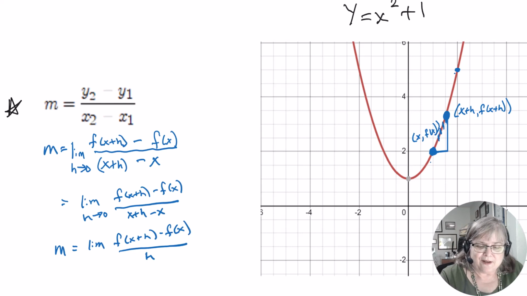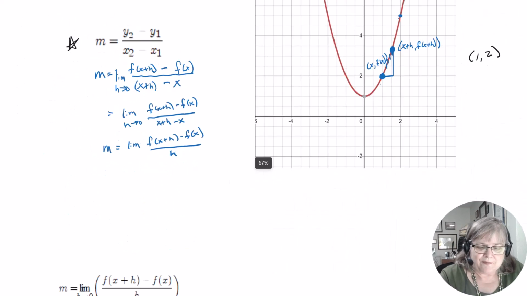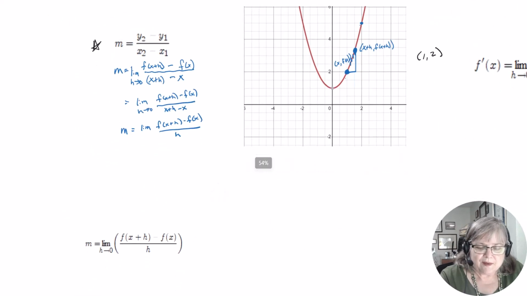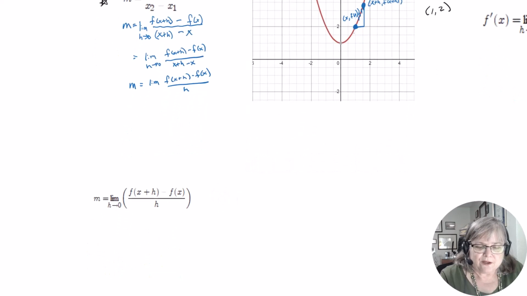Okay. And this is the slope. You okay so far? So the slope for any function in terms of x is f of x plus h minus f of x over h as h goes to 0. Okay?